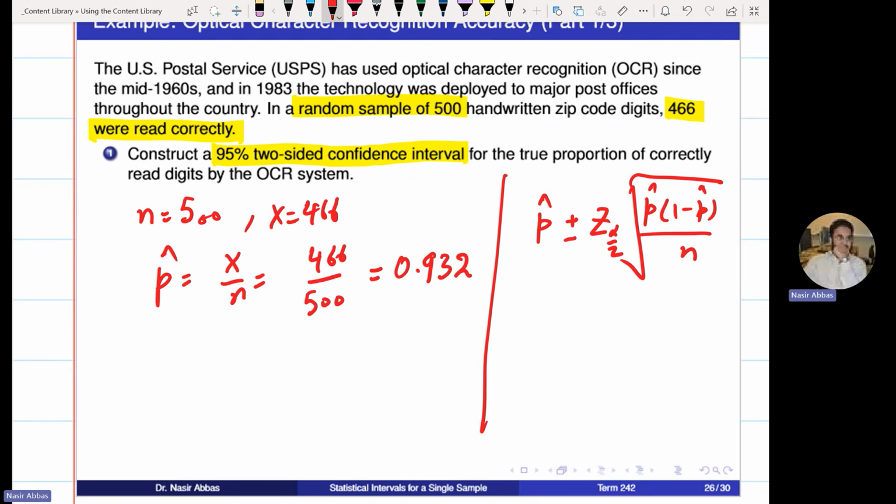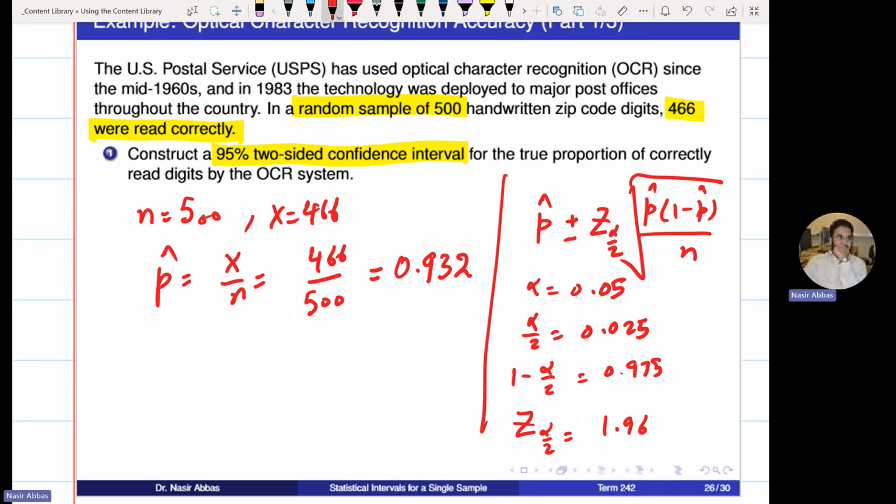For this, again, go to the Z table, looking for the value of 1 minus alpha by 2. 4-step procedure. What was your alpha? What is alpha by 2? What is 1 minus alpha by 2? Look for this value inside the table, and the corresponding value will be your value of Z, which is 1.96.